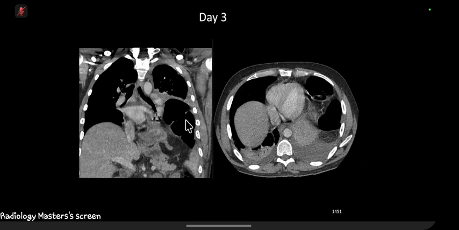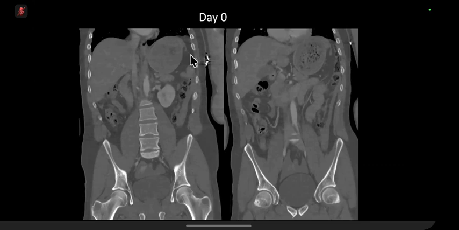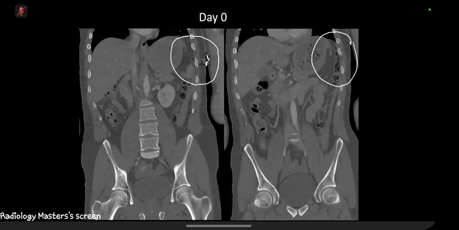Don't forget that the injury to the diaphragm is probably going to occur at the time of the accident, and you just need to go and look back at the original CT, and you can see that there is a defect in the diaphragm at that point there and at that point there. So this patient has got a ruptured left hemidiaphragm.